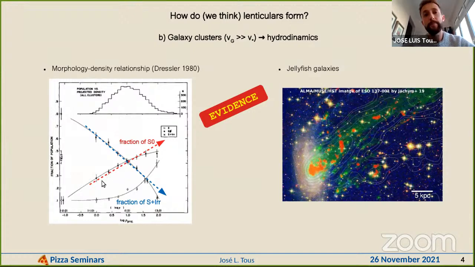This relationship consists in an increase of the fraction of S0 galaxies with the projected density at the same pace that the fraction of spirals plus irregular galaxies decreases. So this is a sign that there is a kind of transformation from spiral galaxies towards lenticular galaxies.